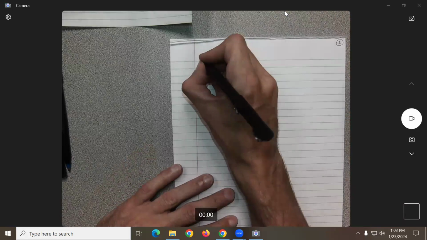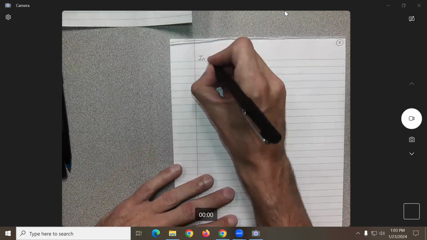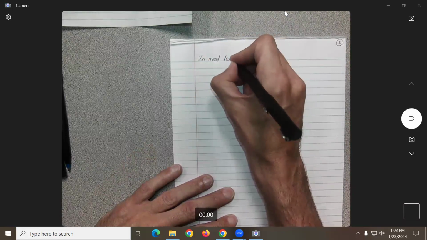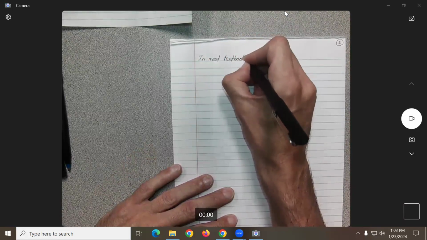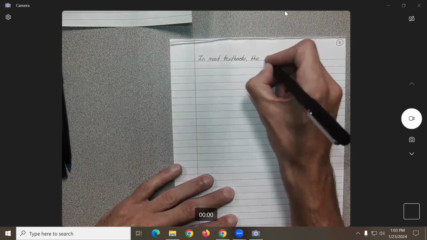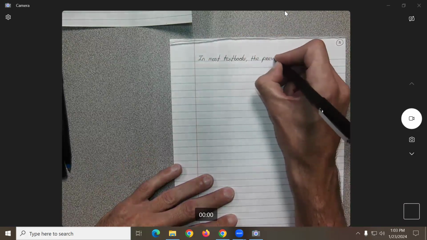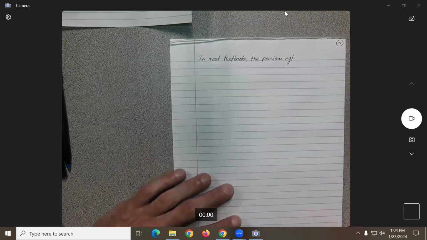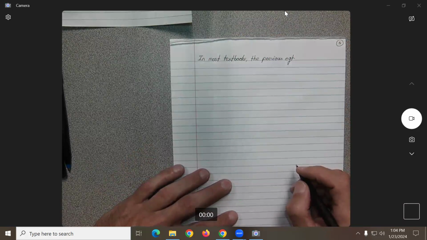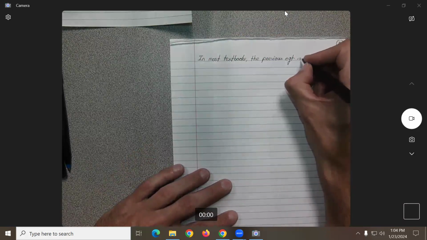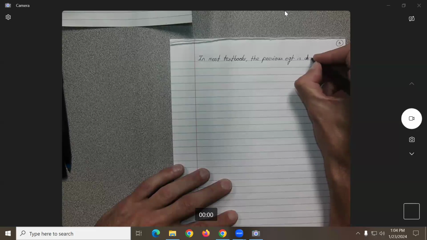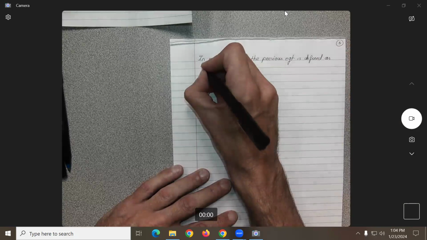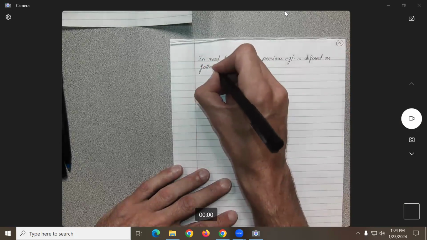In most textbooks, the previous equation is defined as follows.